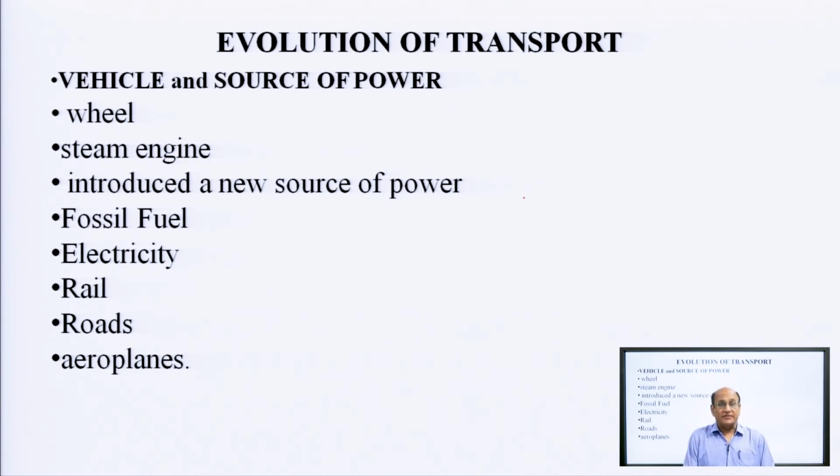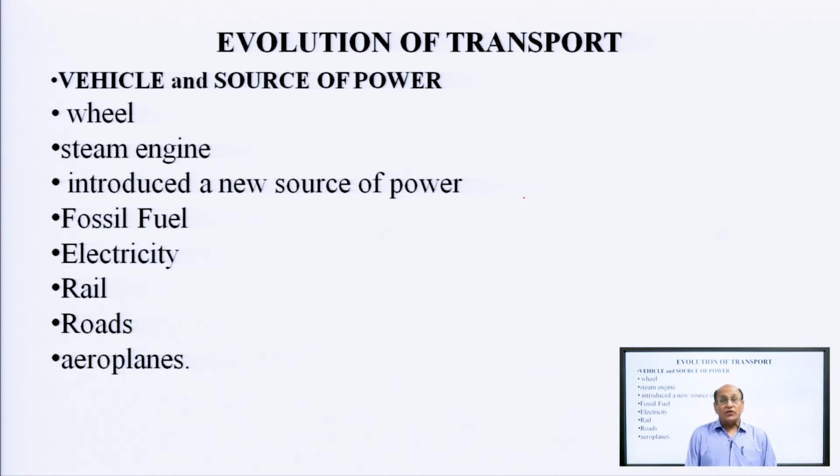After the invention of the steam engine, power is now taken from a non-living body. So, it was a very good thing that happened in the transportation system, because everything was given power by the steam engine. A great revolution occurred after its invention, which introduced a new source of power. Many times the source of power has changed from one to another depending on the availability of resources and uses. Of course, that should be eco friendly.